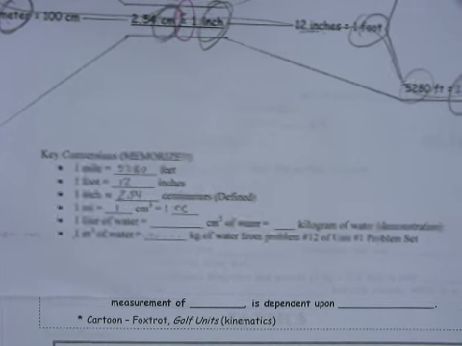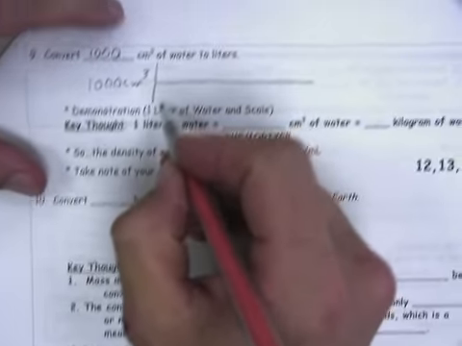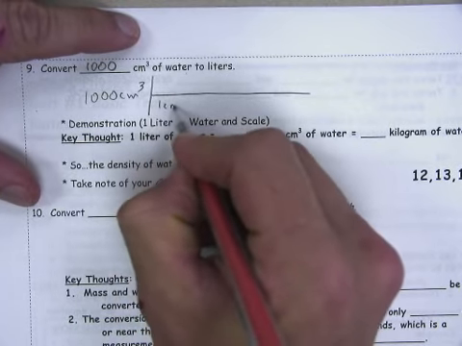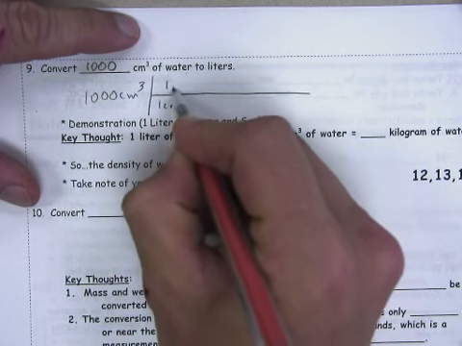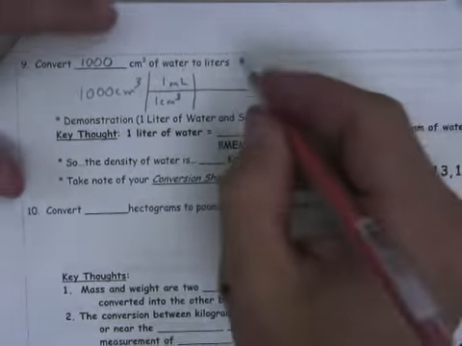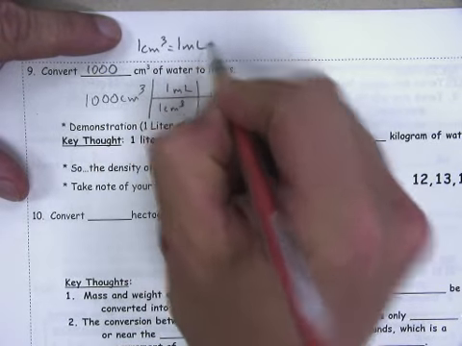So 1 cubic centimeter, 1 centimeter cubed, is equal to 1 milliliter. That was on the sheet. I'll write it up here just in case you didn't hear it.